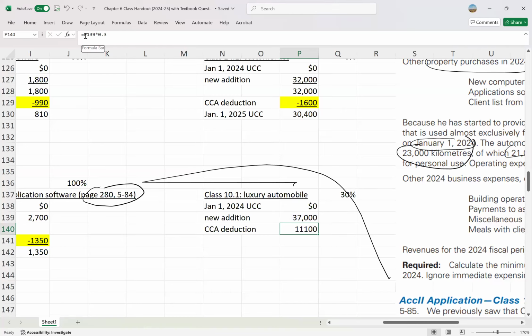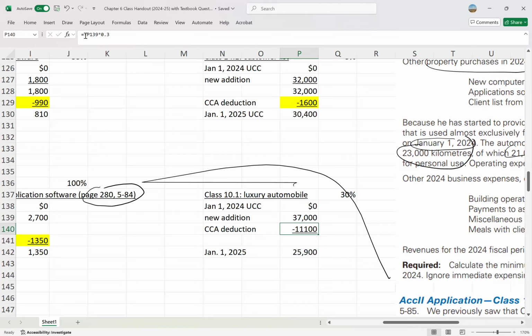Let me just put that as a minus sign. And then the balance going into next year, $25,900.